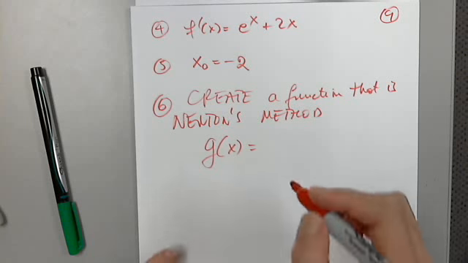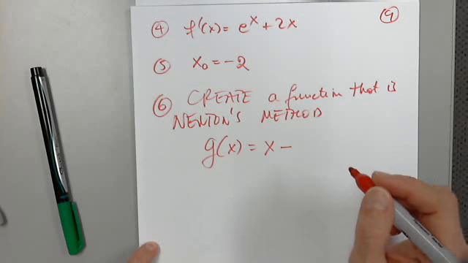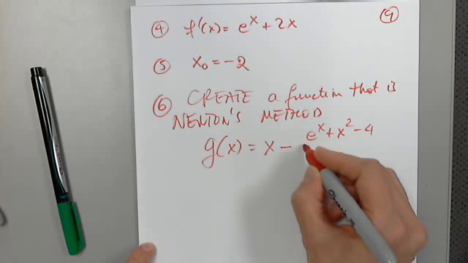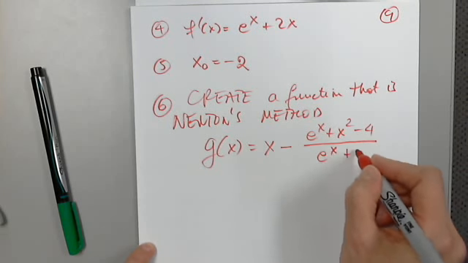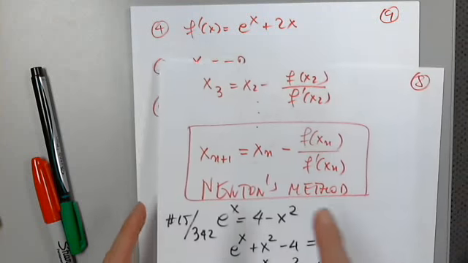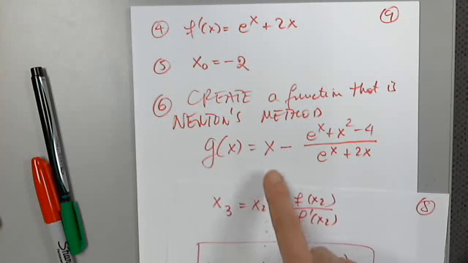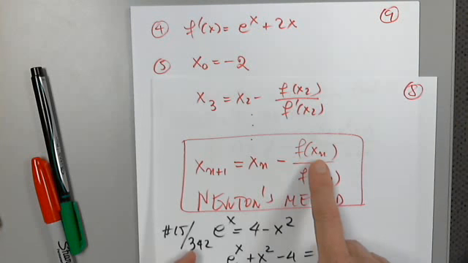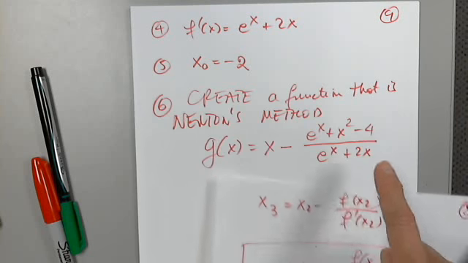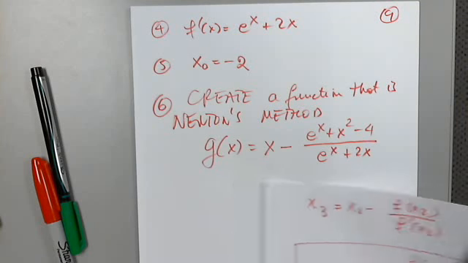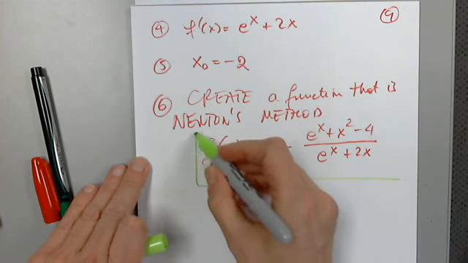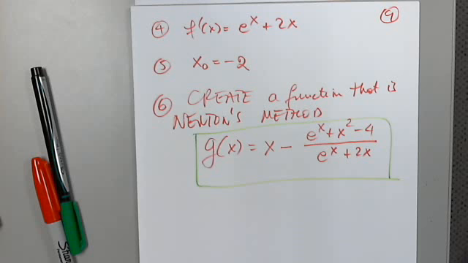The function is x minus e to the x plus x squared minus 4 divided by e to the x plus 2x. Let me show you how I came up with this. x minus the function over its derivative. This is Newton's method. This is what we are going to put in the graphing calculator.